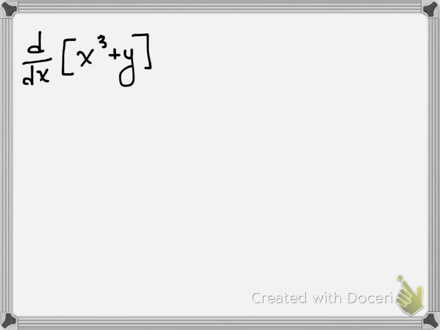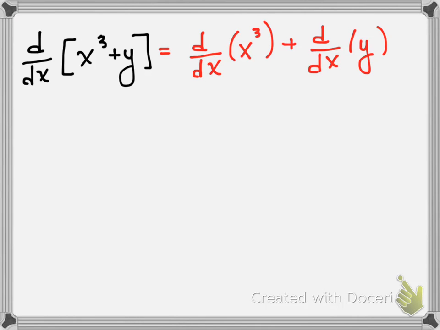So first, let's do the first one, the derivative of x cubed plus y with respect to x. Here our fundamental operation is addition. So we're going to use our sum rule. So this is the derivative of x cubed plus the derivative of y, both with respect to x.